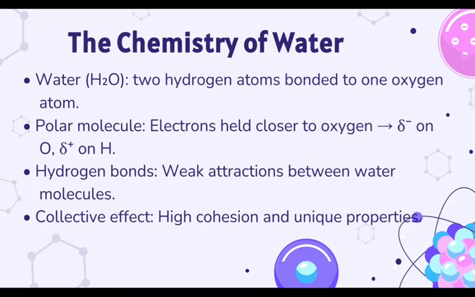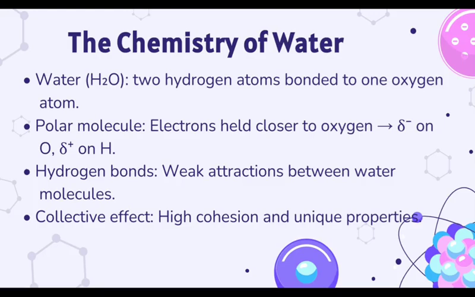The chemistry of water. Water, H2O, is made up of two hydrogen atoms bonded to one oxygen atom. This is a polar molecule. Electrons are held closer to the oxygen. Delta negative on oxygen and delta positive on hydrogen. They are partially negative and partially positive.